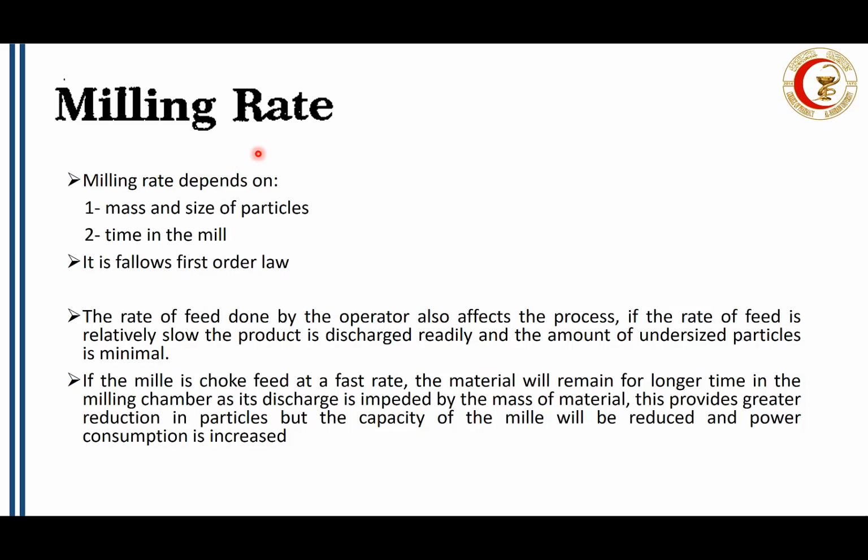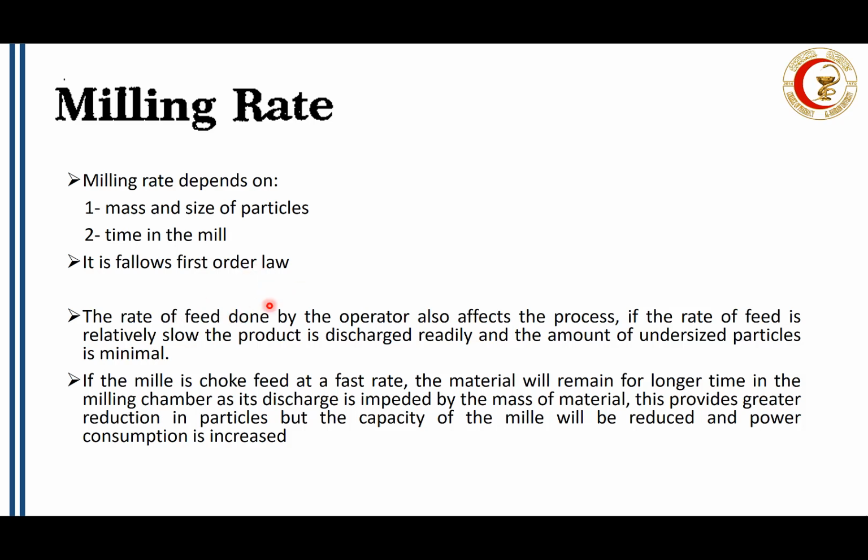Now, the milling rate depends on the mass and the size of the particles to be milled and produced, and the time in the mill. The material that remains in the milling chamber usually follows a first order law. That means we have a straight line relationship between the mass of the particles and the time in the mill to the milling rate.